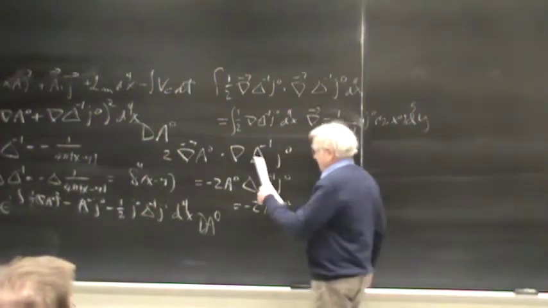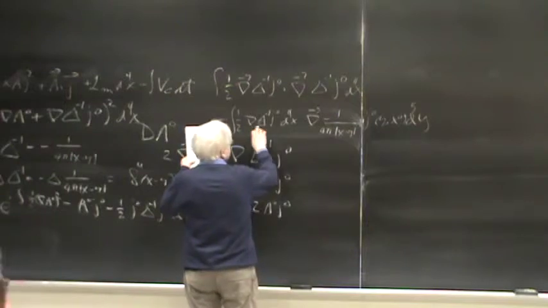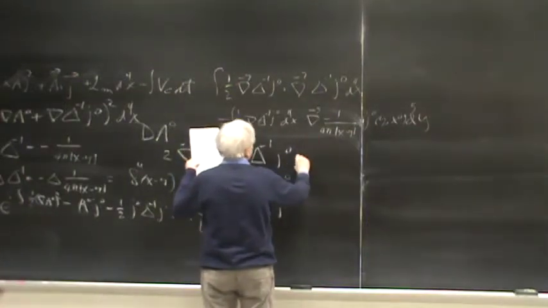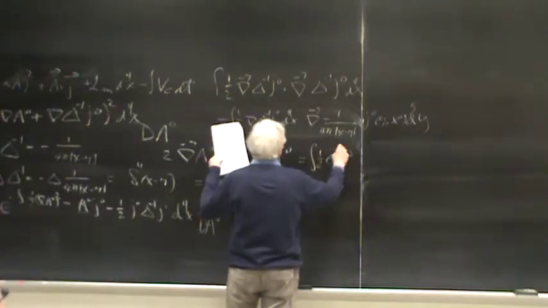And now the next step is to integrate by parts again, and so this is 1/2 inverse Laplacian J0.